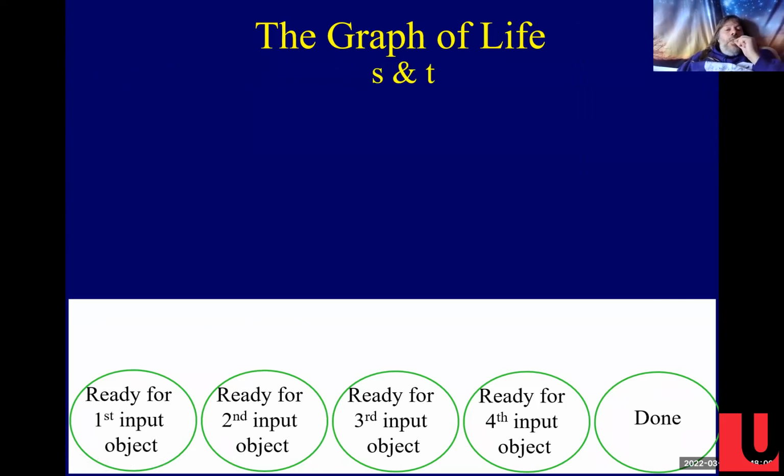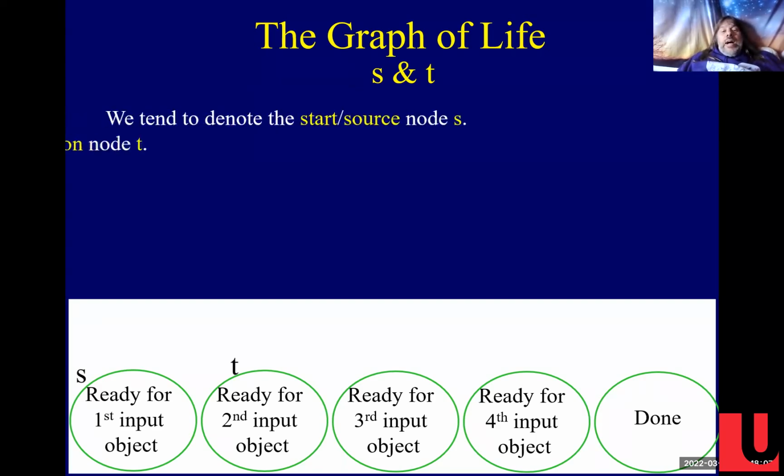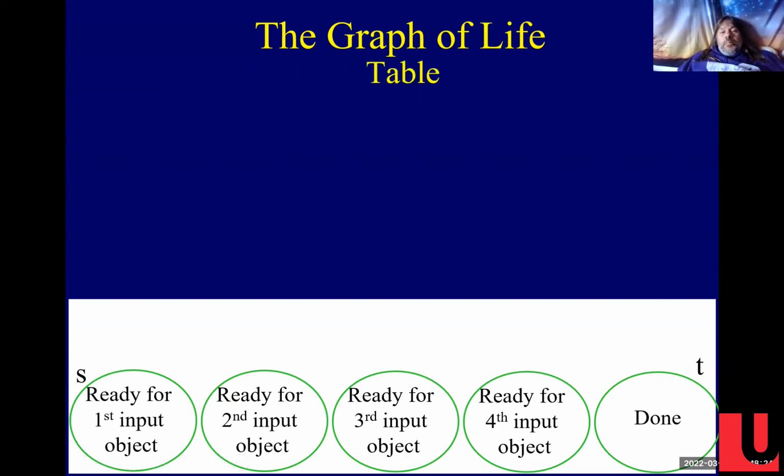Our goal, of course, is to make a graph with nodes S and T. S is our start node, and T is our finish node. We start when we're ready for the first input, and we're at T, we're done, when we've read in all of the inputs. Eventually we're going to form a table.